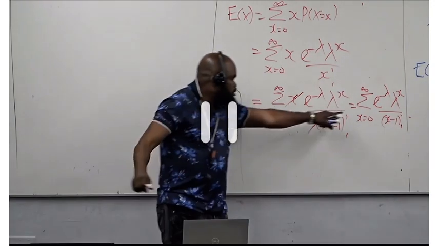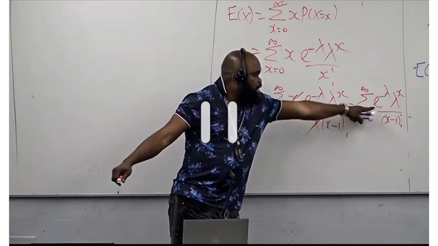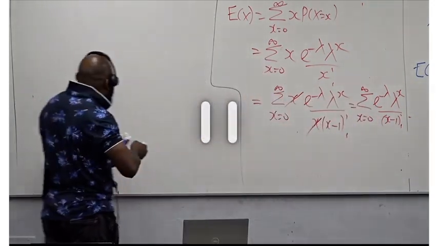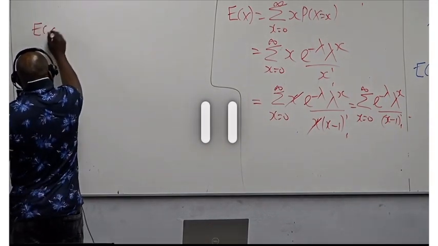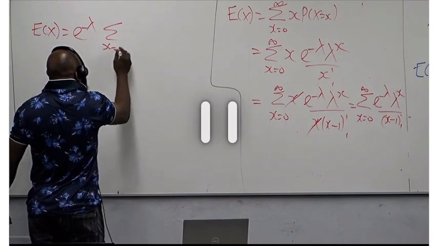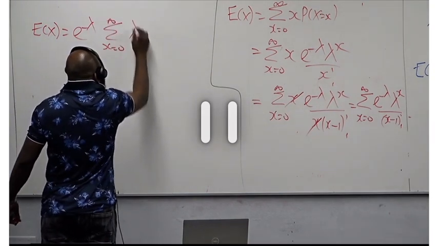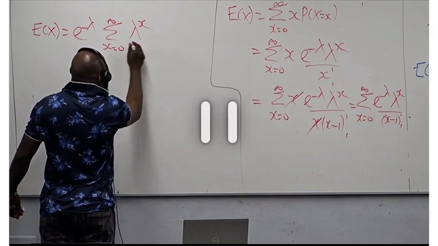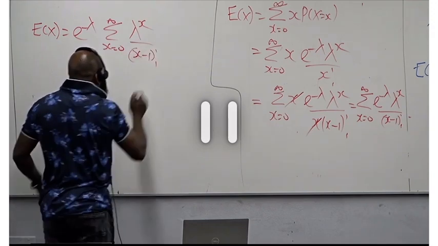I'm summing from 0 to infinity, then I'm going to bring this factor out. It's independent of X. So the expectation of X equals this, then the summation with X starting from 0 to infinity of lambda raised to the power X over X minus 1 factorial.